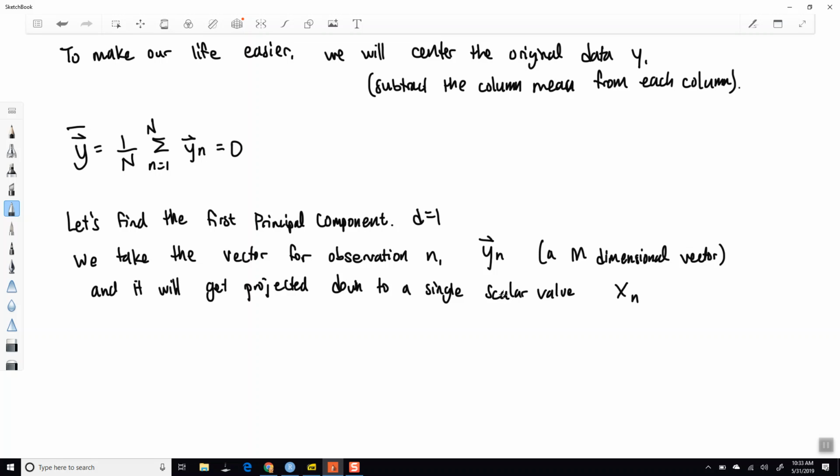So x_n is going to be equal to our w_1 vector times our y vector, and what we want is the result that maximizes the variance captured in this projection.